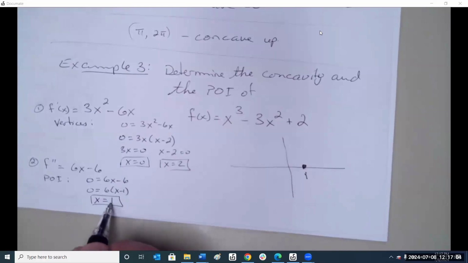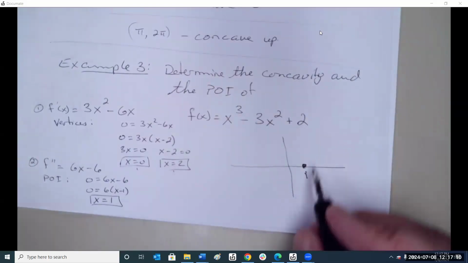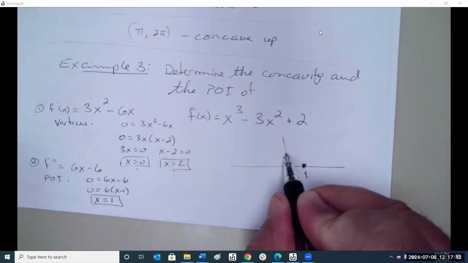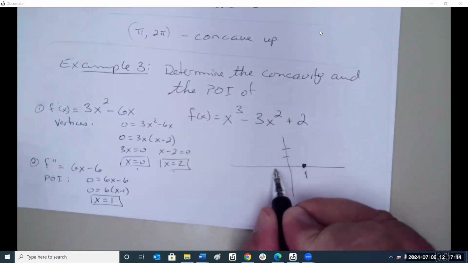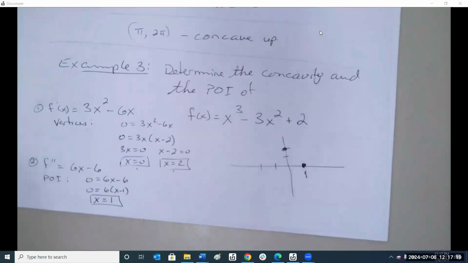Remember, I said from the point of inflection, pick a point on both sides of it. Well, we did that. We used x equals 2 and 0. When x equals 0, y equals 2. It's the y-intercept.